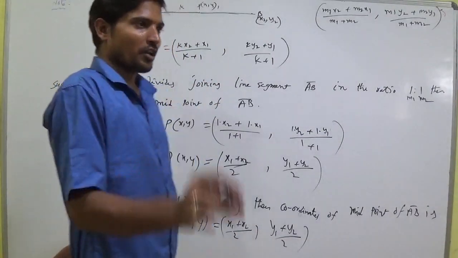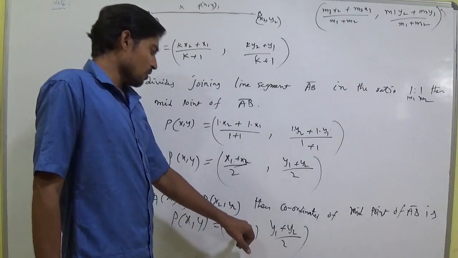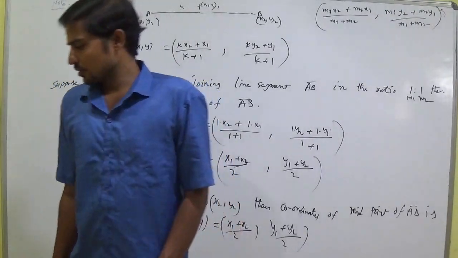To find a midpoint, we have to use this formula: x1 plus x2 by 2 and y1 plus y2 by 2.